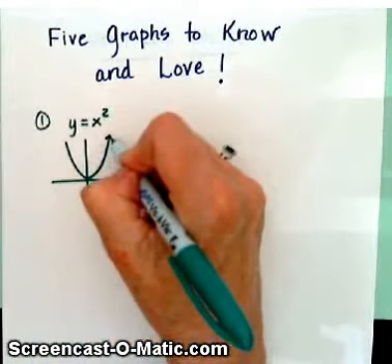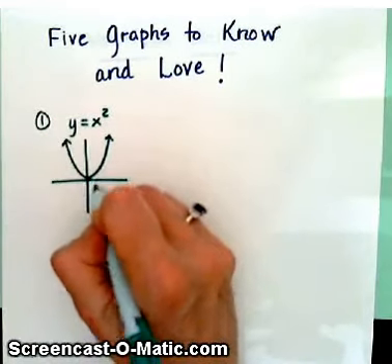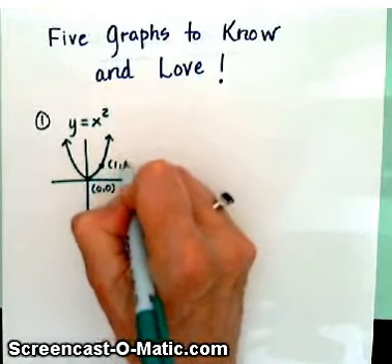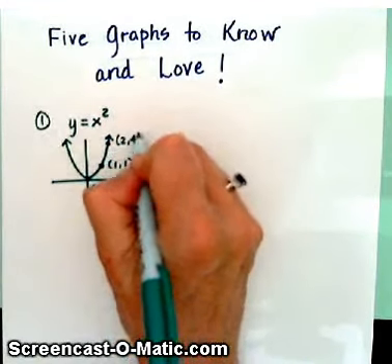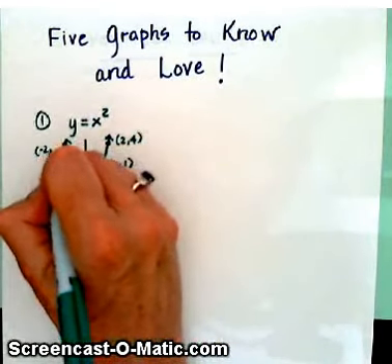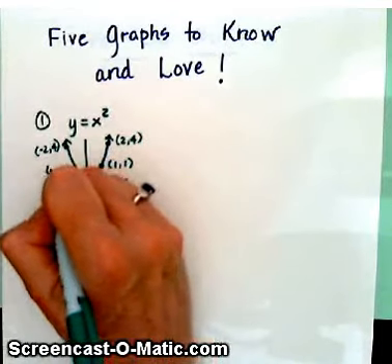The vertex is at (0, 0), with some points on here: (1, 1), (2, 4), and some twins on the other side: (-2, 4) and (-1, 1).